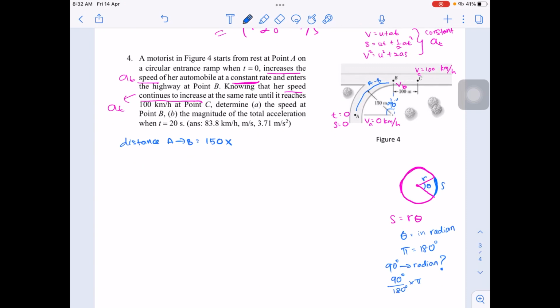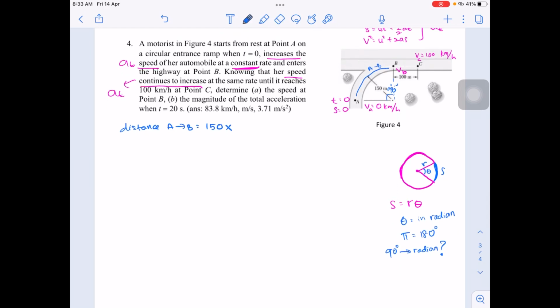Betul ke? Yes, sir. Betul. Kalau tak ingat, macam ni lah: 180 degree sama dengan pi. So 90 degree sama dengan berapa pi?